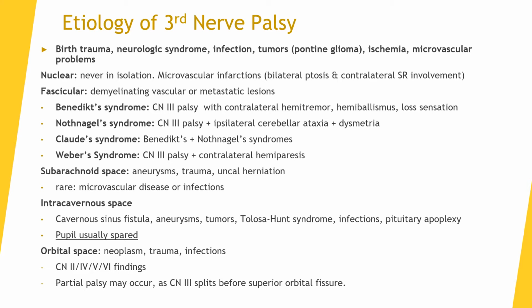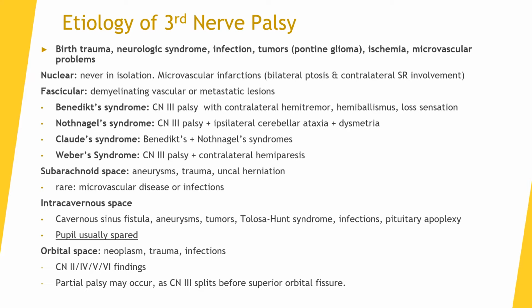Now moving on to Naegele's syndrome. This is where third nerve palsy is combined with the ipsilateral cerebellar ataxia and dysmetria. So on the same side where the third nerve has the palsy, there is a lack of coordination of the movement by the legs and the arms.